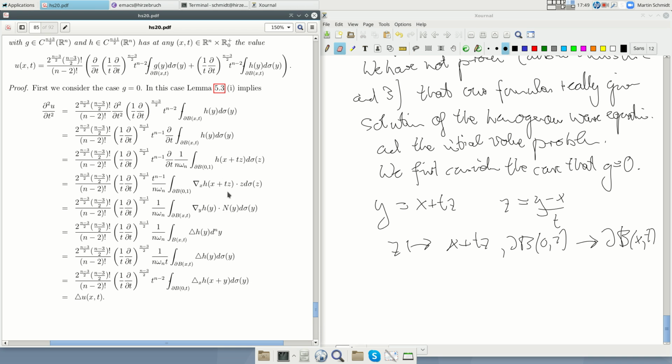So this integral over the boundary is of course this integral. Now the divergence of the gradient is the Laplacian. Okay, so we get this. This is the divergence theorem. So we get this. Now we let act one more differential here.